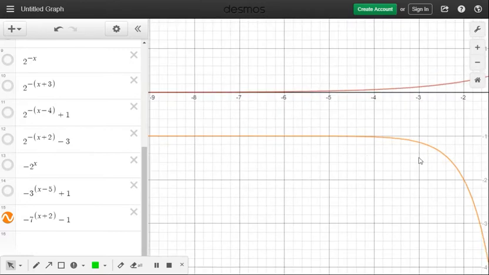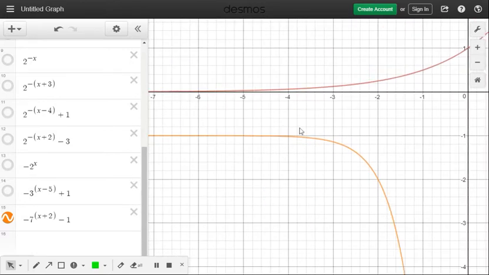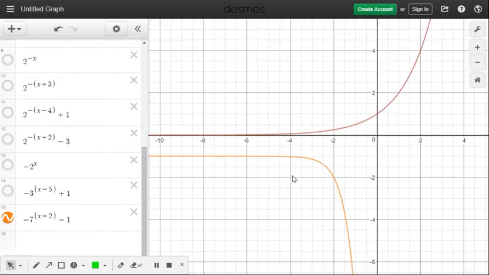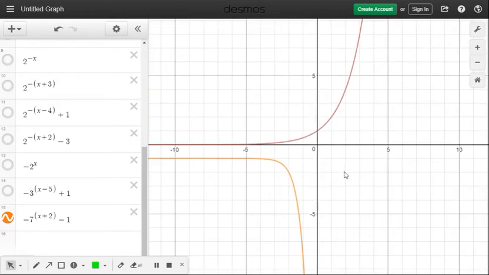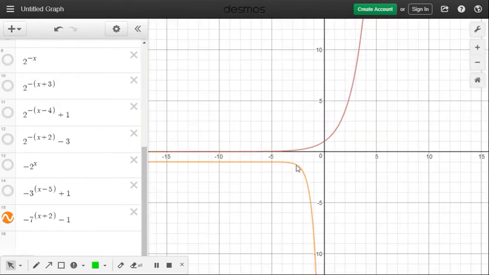Now if I were to zoom in closely, this is 1 unit down. But to zoom out to see a bigger picture, it reflected across the x-axis, shifted 2 units to the left, and then 1 unit down. So it pretty much has the same characteristic of the transformation from 1.5.